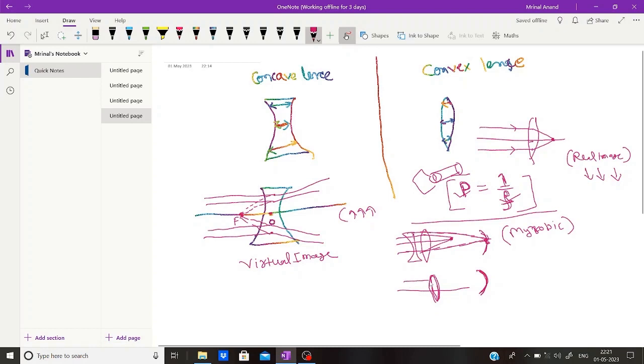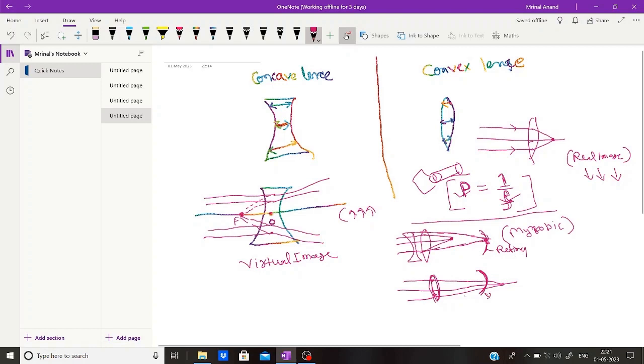So suppose this is our eye lens, which is the convex lens, and a ray is going parallel to the principal axis. In this condition, the ray will fall beyond the retina. I mean to say, this is the retina.